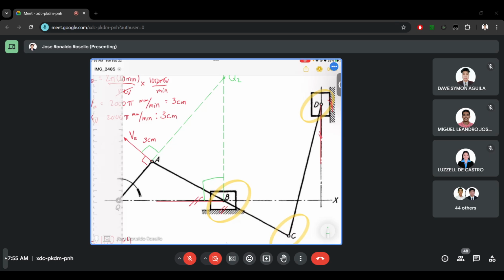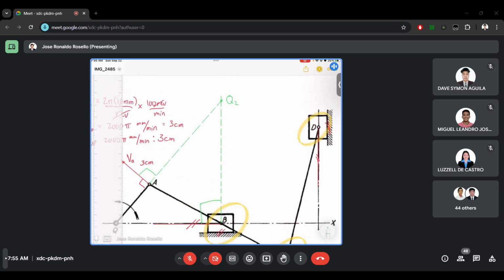And now, these perpendicular lines should intersect, and their intersection will be our instantaneous axis.